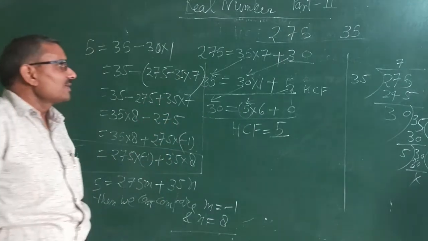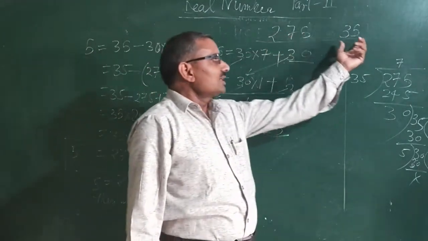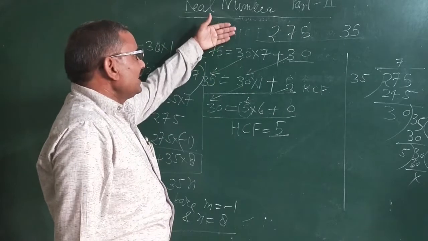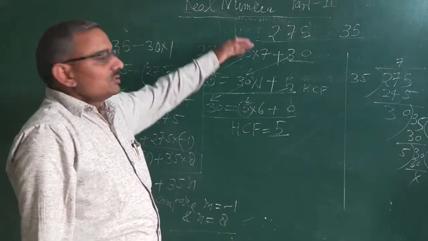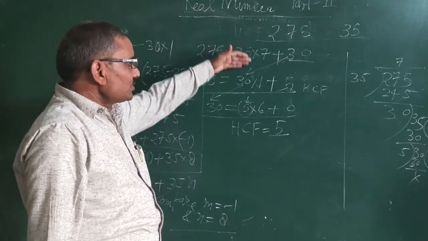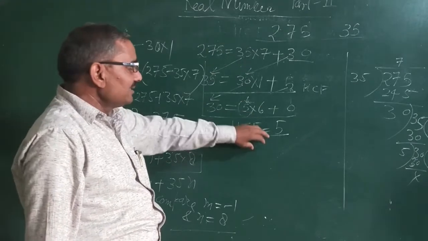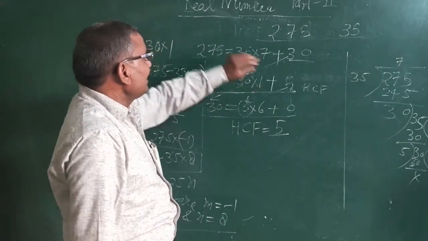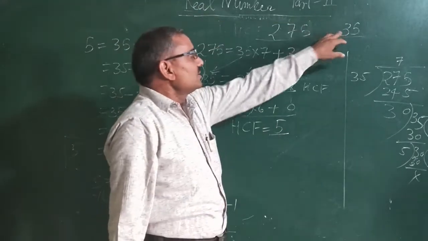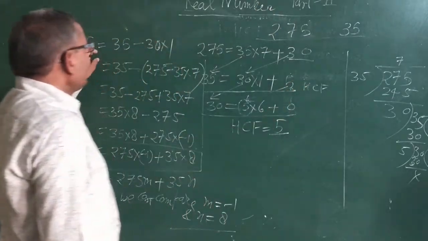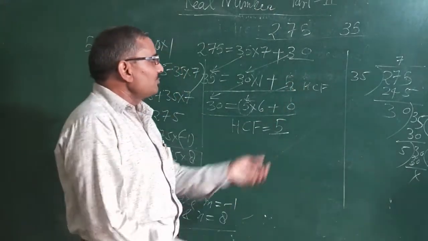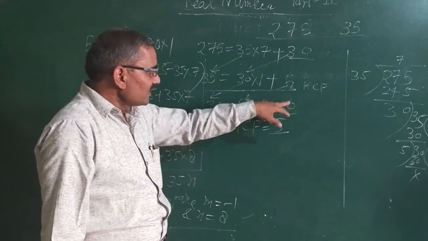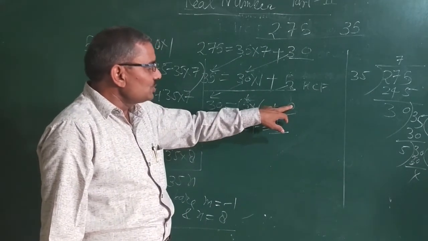So once again, if these two numbers are given, first of all we have to find out the HCF with the help of Euclid's division lemma, and then we have to correlate these numbers with the HCF. So for this we have to start from the remainder just above the 0.